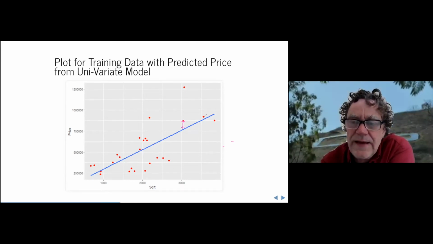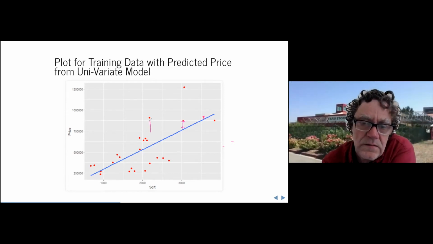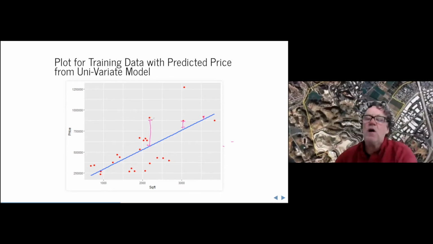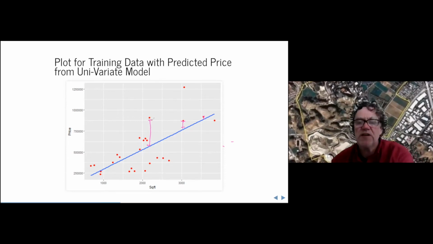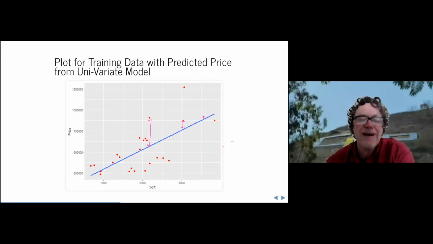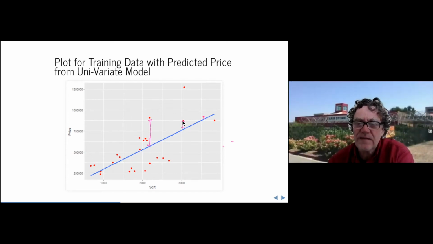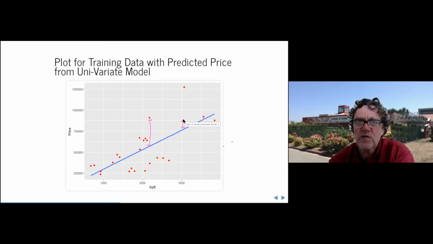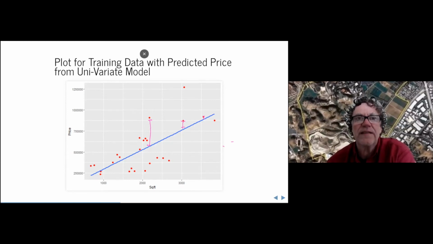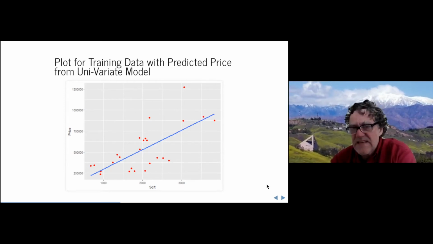Here I made a tiny error, while here I made quite a big error. So what our machine learning, or our regression, is doing is trying to put a straight line through these data to minimize these vertical lines, or to be correct, to minimize the square of these vertical lines. This is our model 1.